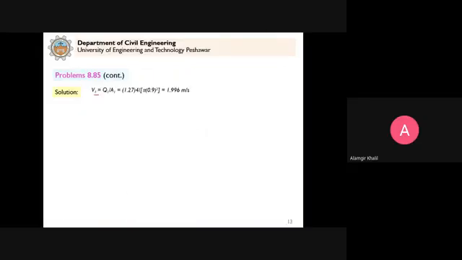Now that we calculated Q1, we can calculate V1. And we can calculate V3 as we already calculated Q3. Clear? And then we calculate R1, and this is 1.577 into 10 power 6. So we have turbulent flow.